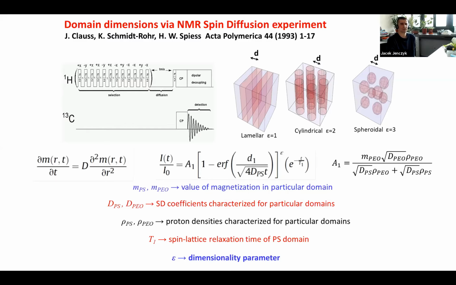heterogeneous systems and block copolymers in particular, because block copolymers, due to their nicely defined morphologies, can be treated using this particular approach, where NMR spin diffusion can be employed as a tool for domain size estimation, of the domain dimensions.